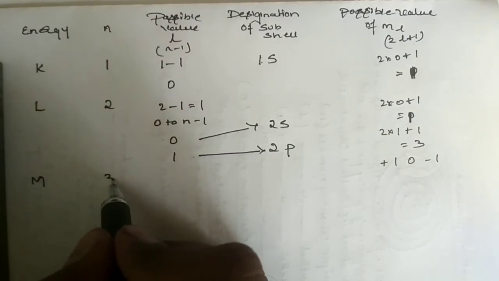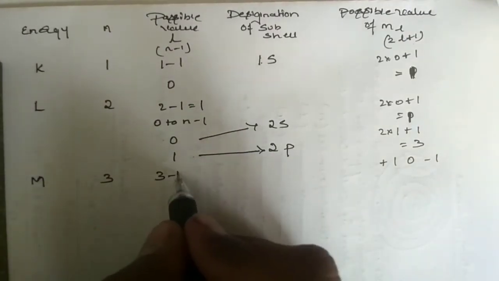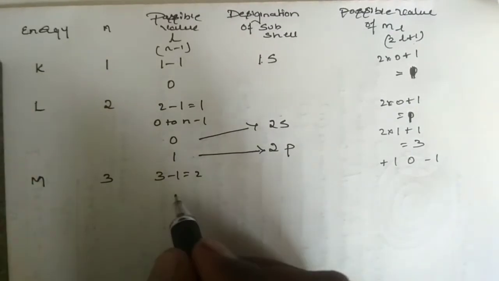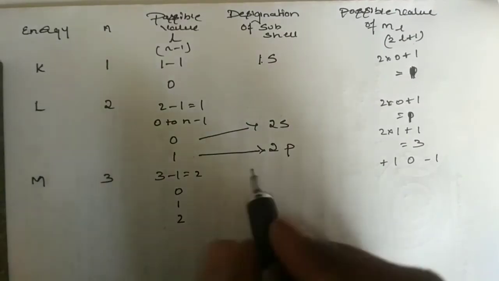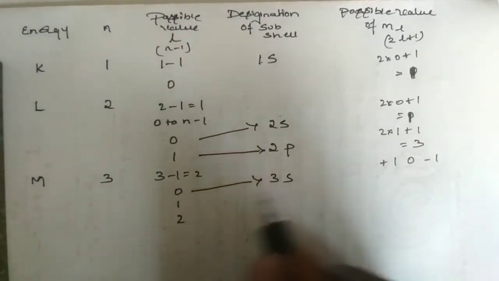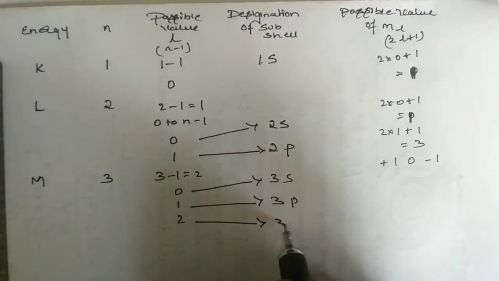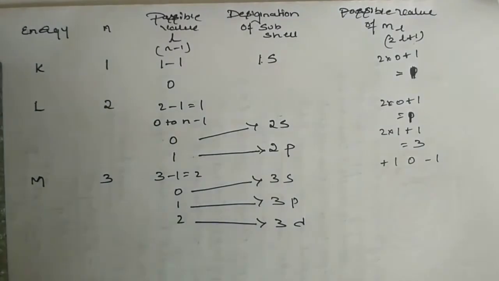Next, we are going to talk about M. Here n is 3, and 3 minus 1 is equal to 2. It must start from 0, 1, 2. As already explained, it is 3s, 3p, 3d. You understand why I am writing this?